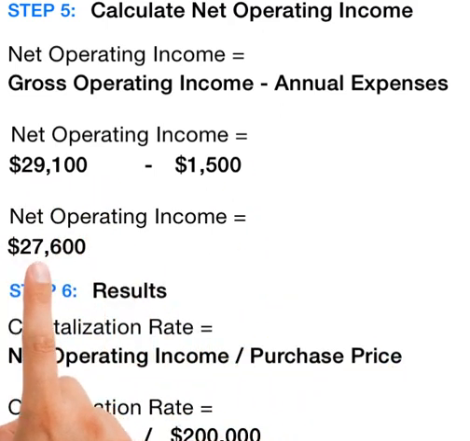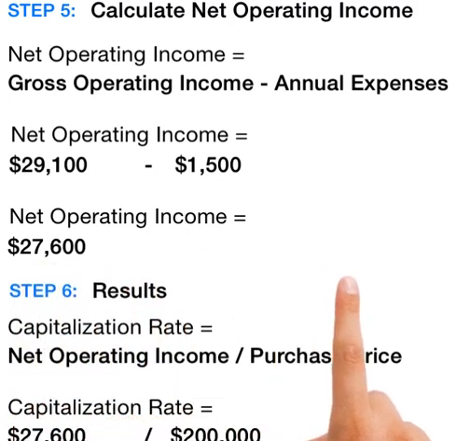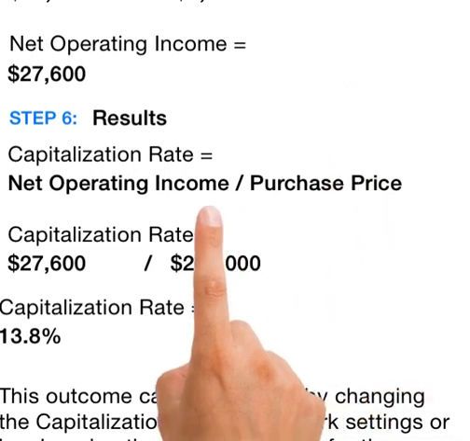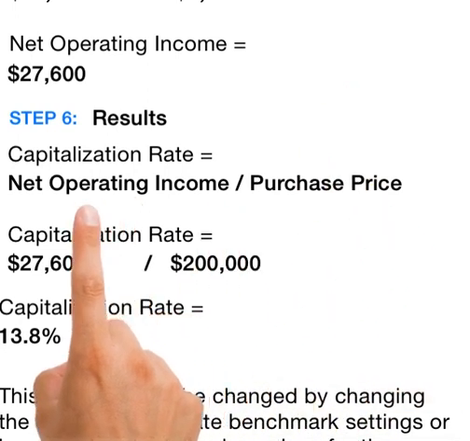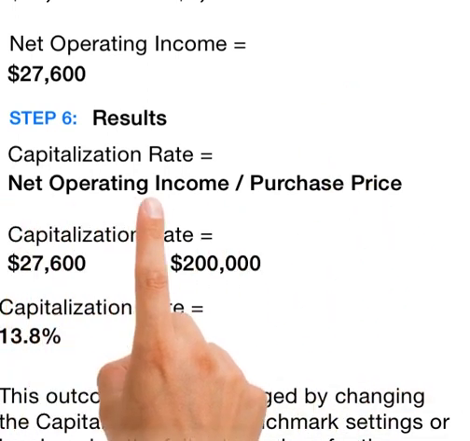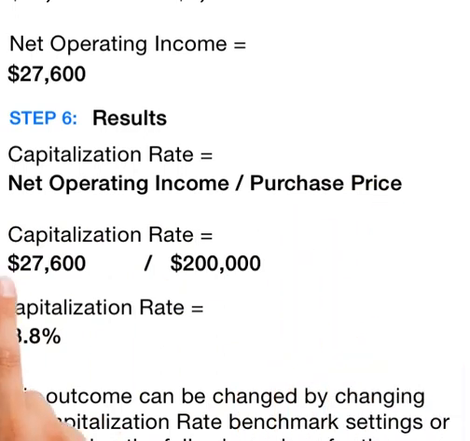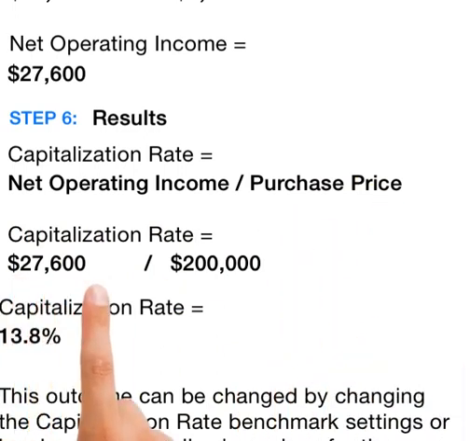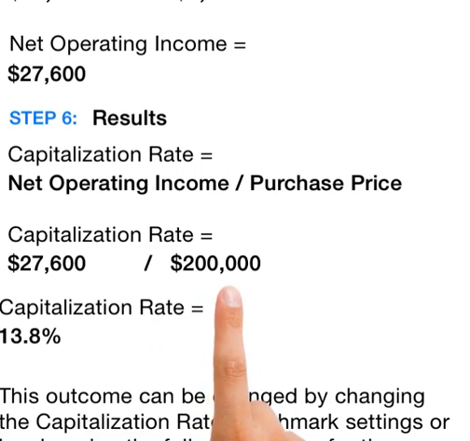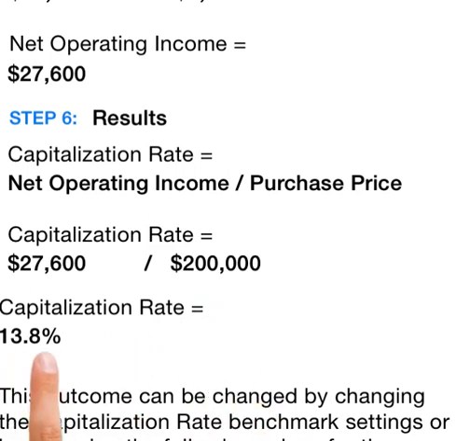That comes up with a net operating income of 27,600. And now we plug all those finally into the capitalization rate. Net operating income over purchase price, 27,600 over 200,000. It comes up with a capitalization rate of 13.8.